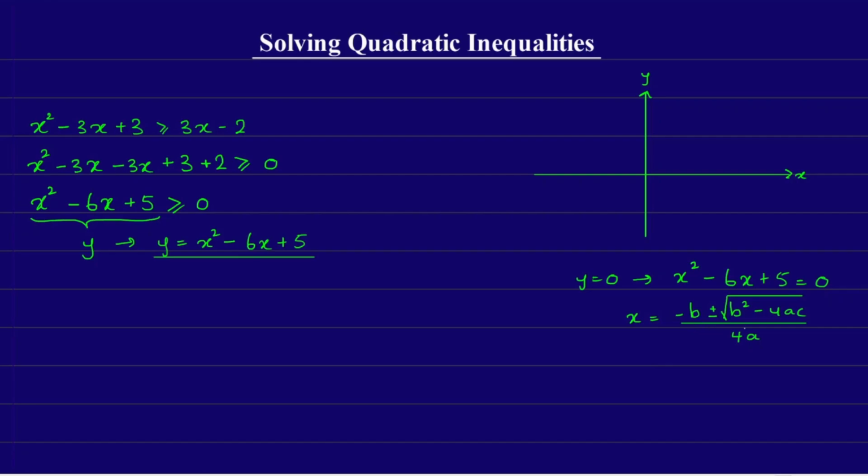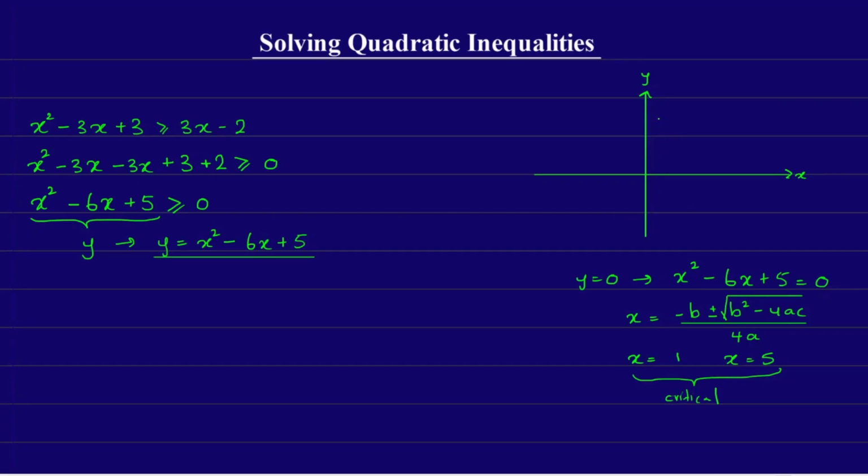So when you substitute the values of a, b and c, you will see that you get x equals 1 and x equals 5. And these values are called the critical values. And basically, you can use this to plot the graph now.